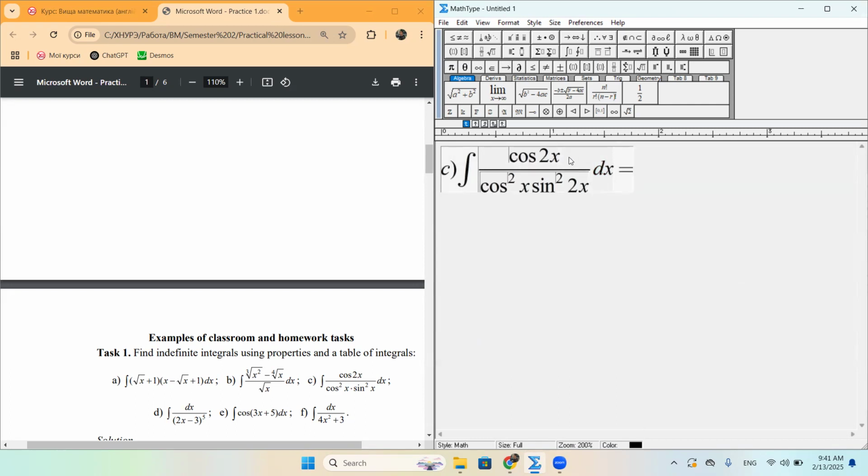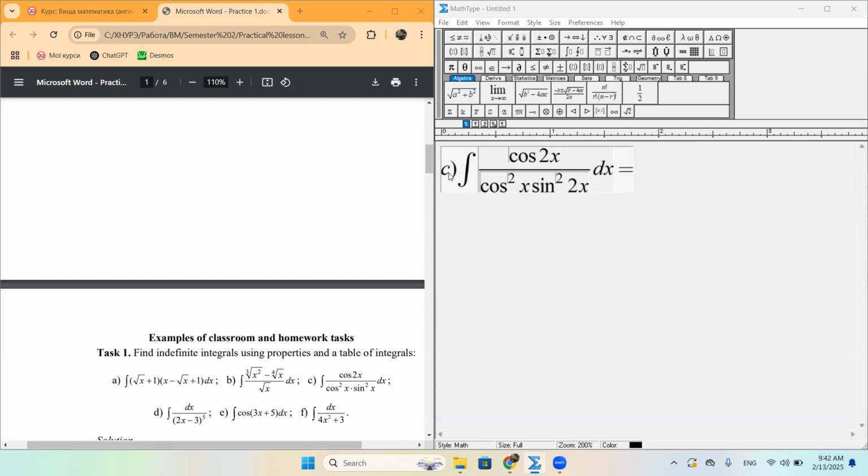so how to solve it? Any ideas, suggestions? How can we calculate such integral? So this expression looks complicated, but it can be simplified.